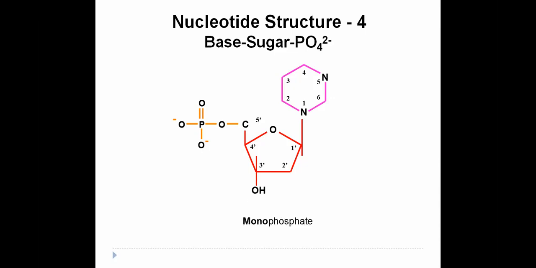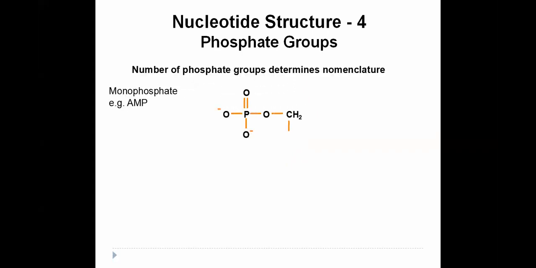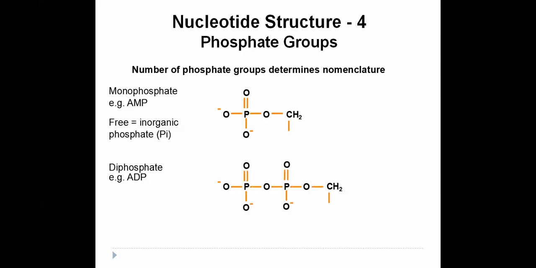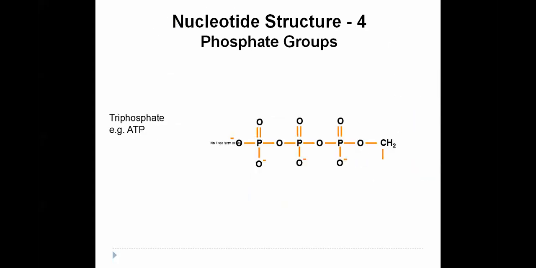This is a monophosphate because there's 1 phosphate group. An example is adenosine monophosphate, AMP. If we have another one, it becomes a diphosphate.